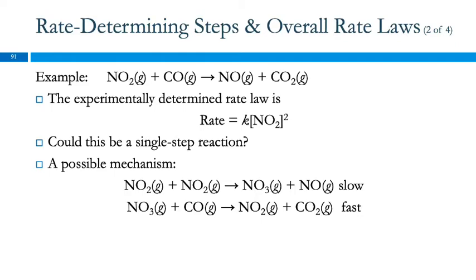So here's a reaction. NO2 plus CO makes NO plus CO2. And the experimentally determined rate law is that the rate is equal to a constant times [NO2] squared. We cannot get this directly from that equation. This was determined experimentally. And so the question is, could this be a single-step reaction? Could this be the elementary step? If this is an elementary step, what would the rate law be?